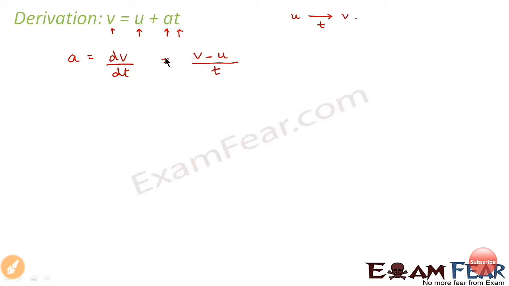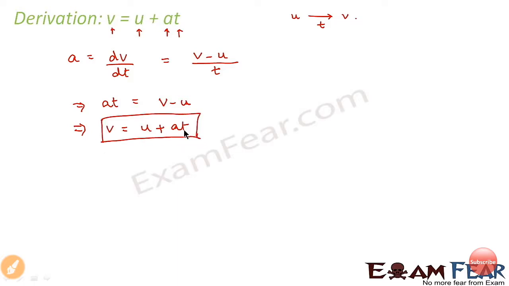So we find A is equal to V minus U by t. We can write this as AT is equal to V minus U. This implies V is equal to U plus AT. Very simple, right? This equation is nothing but an alternative form of the definition of acceleration. I hope it is very clear and there is no doubt in this.